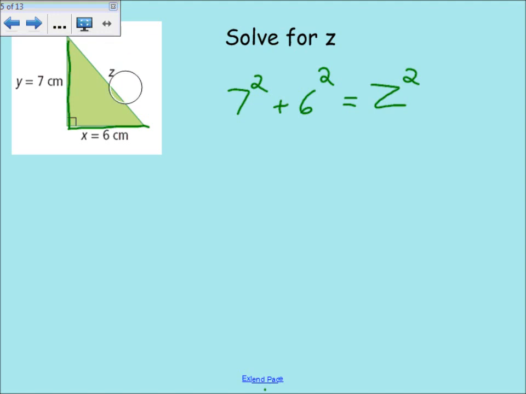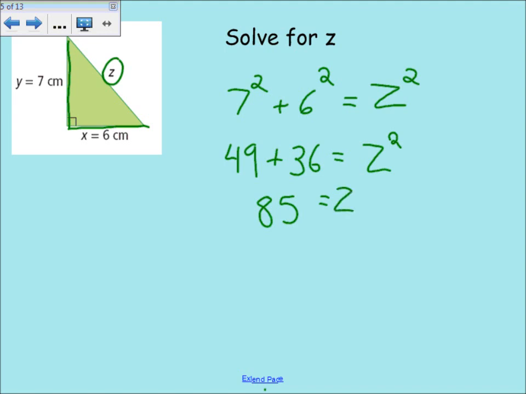Sorry, there's no square there, it's just a Z. Now, 7 times 7 is 49, plus 6 times 6, which is 36. That equals Z squared. When we add them up, we get 85.